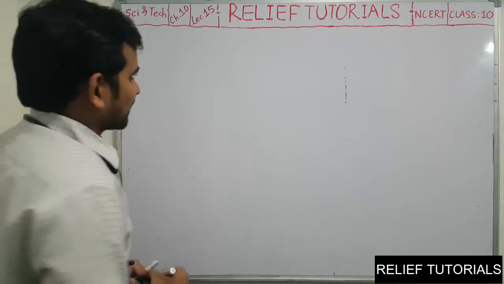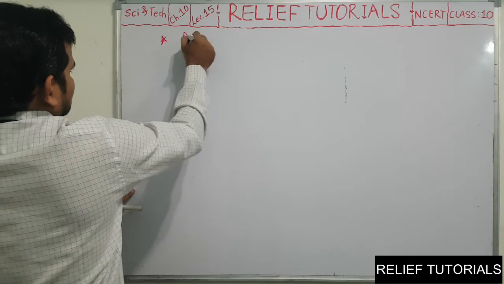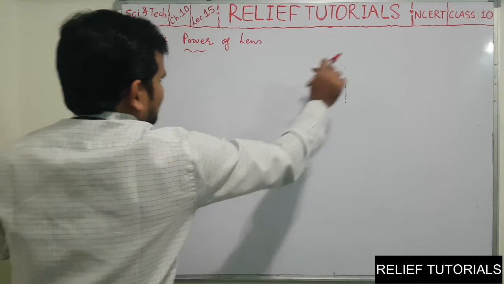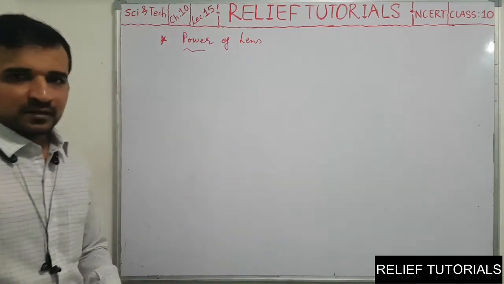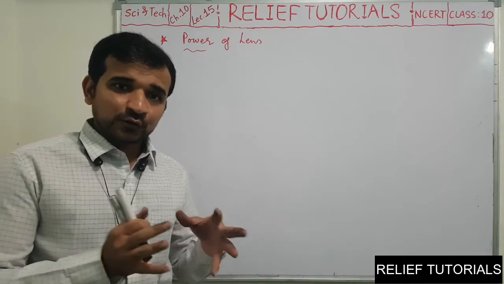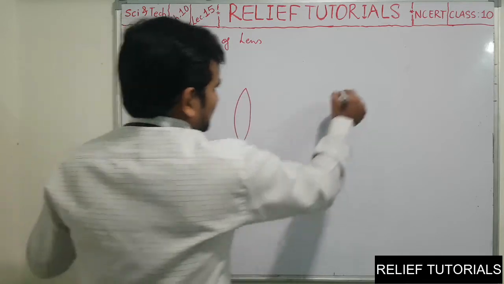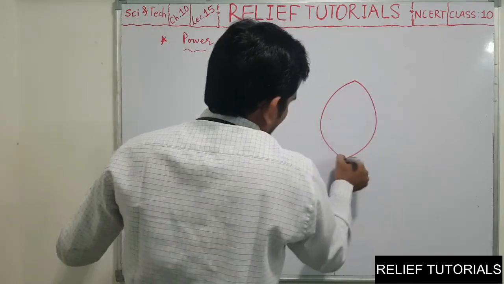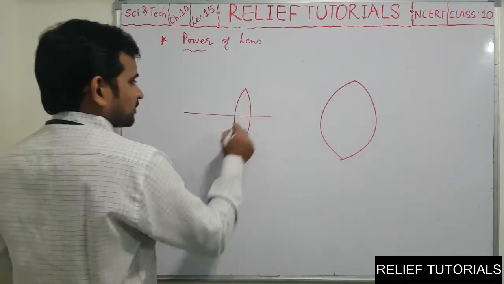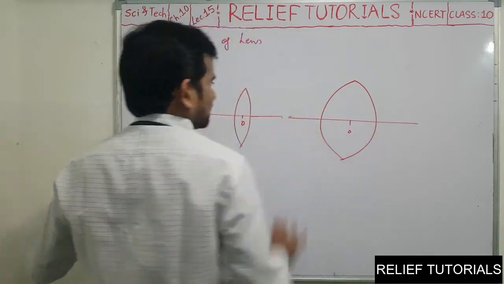And that is the power of lens. Here the power means the ability of lens to refract the ray. If I say this is one lens and here is another lens, height-wise both are the same.